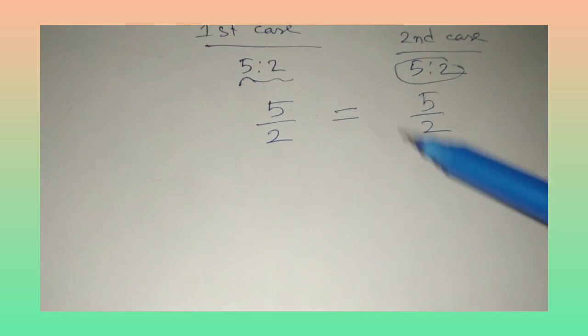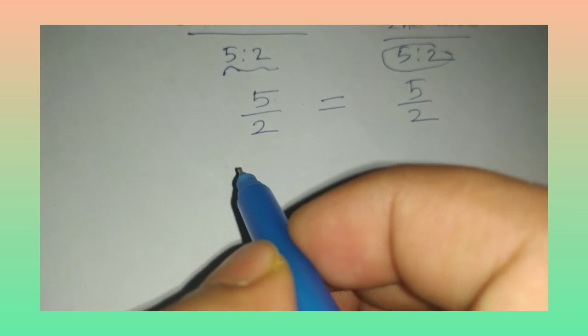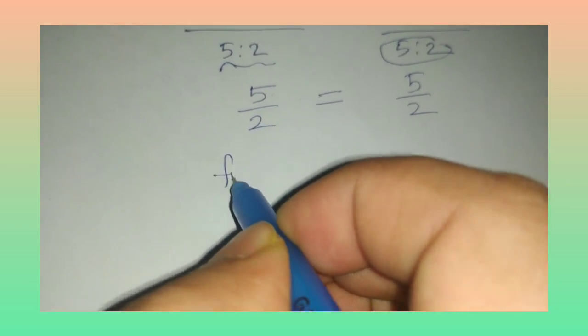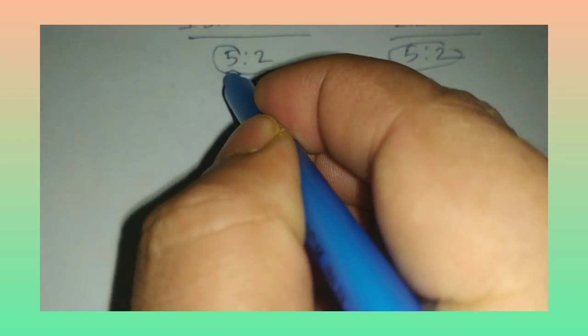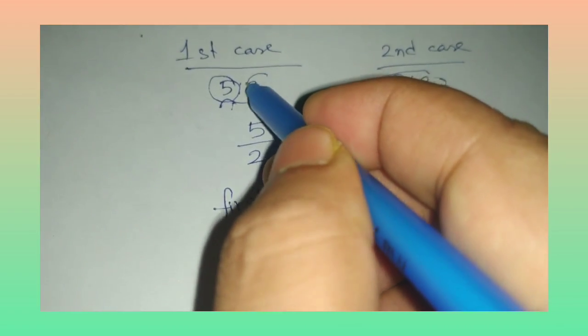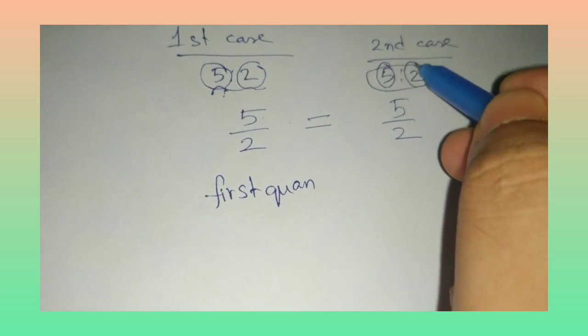From a proportion, we can say that this 5 is the first quantity, and this 2 is the second quantity, this 5 is the third quantity, and this 2 is the fourth quantity.